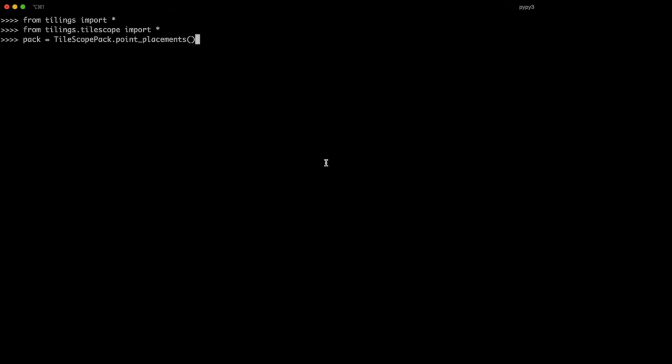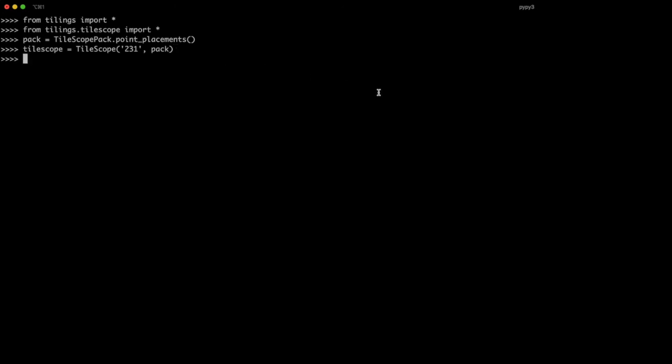What we were doing by hand previously was basically just doing point placements. We placed a maximum point, and that seems to be enough to understand the 231 avoiders. So let's keep things simple and use the point placements strategy pack. And I'll initialize a TileScope with the avoiders of 231 and the pack we just created.